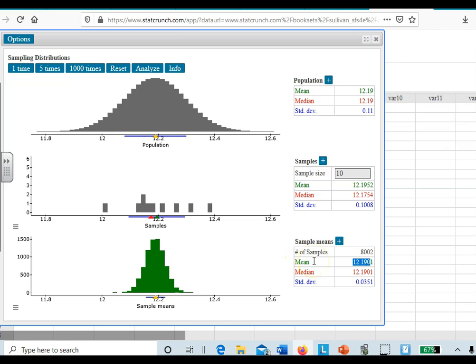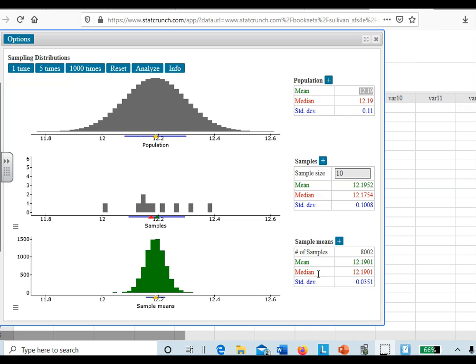So this is the mean of the means. Okay, so this is the average of all the averages. And what we're going to notice is that this mean is the same as the original population mean, right? And that's not something that just happens to happen on this one. It will happen for every distribution.